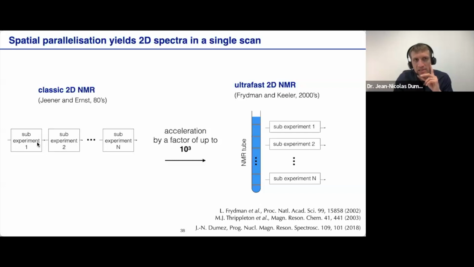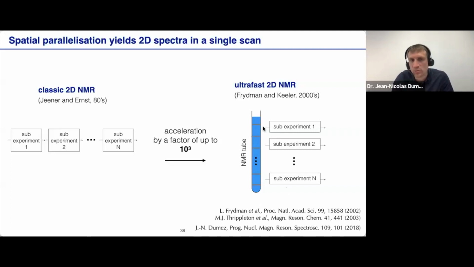So in a classical multidimensional experiment, each of the sub-experiments is obtained independently by repeating the same scheme and incrementing a delay. And in ultrafast NMR, instead, the different sub-experiments are parallelized spatially, and so they are each performed in different slices of the sample, but at the same time.